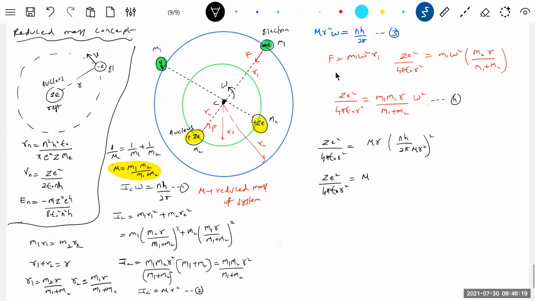Mu r n square h square by 4 pi square mu square r to the power of 4. Okay, now we got the expression for r. One r square gets cancelled, one r also, r will be there, one mu also gets cancelled, n square h square, 4 pi gets cancelled, so n square h square epsilon naught.